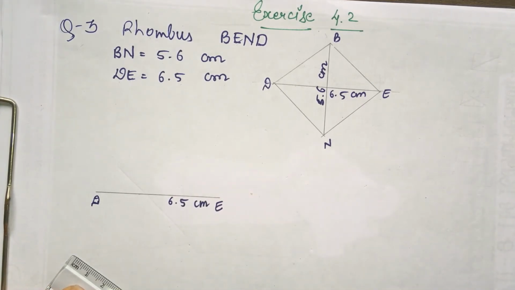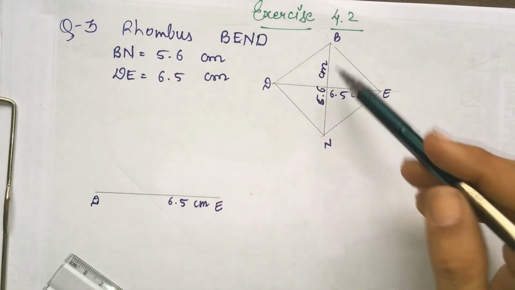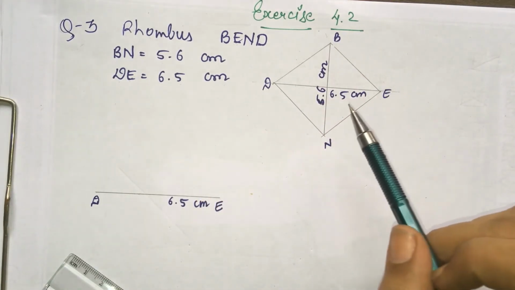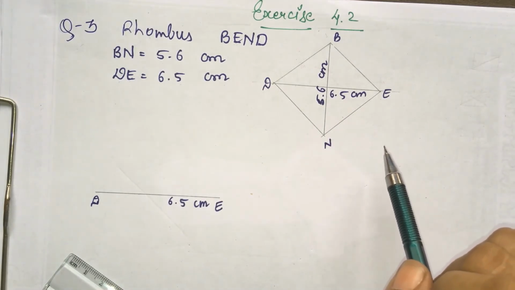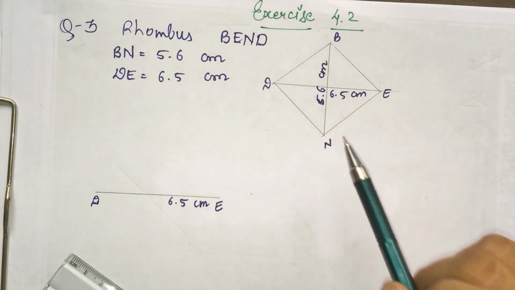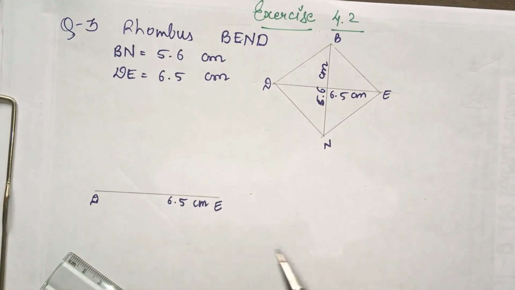Next, as I said, the diagonals of a rhombus, they are perpendicular to each other and they also bisect each other.